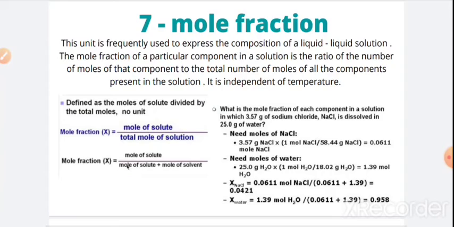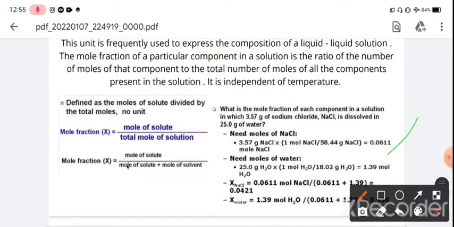Just divide 3.57 by 58.44, you will get 0.0611 moles of NaCl, and the moles of water will be 25 gram by 18 gram of H2O, because 16 of oxygen and 2 of H2. It will give you 1.39 moles.